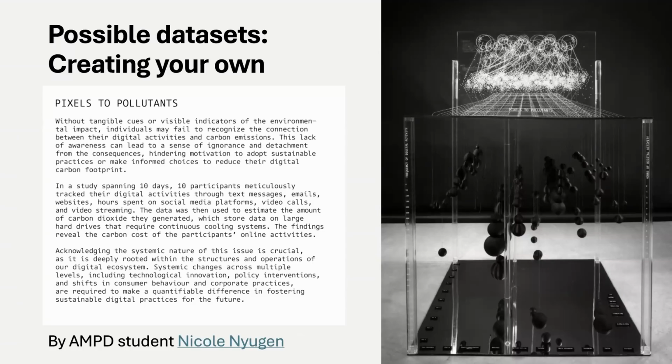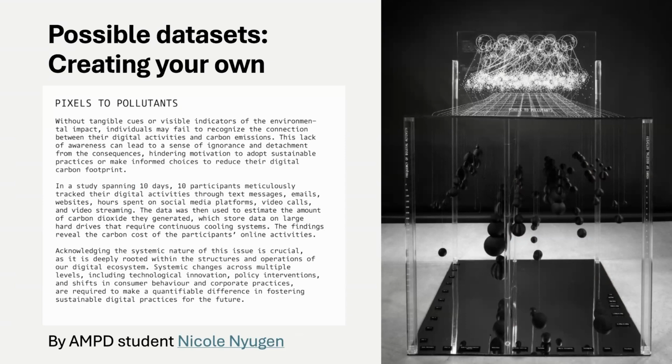Another example of a data set that was created by a student is this example by Nicole Nguyen, who created a fourth year project for her AMPD capstone, essentially, that 3D printed black balls to represent the carbon footprint of various technology uses.